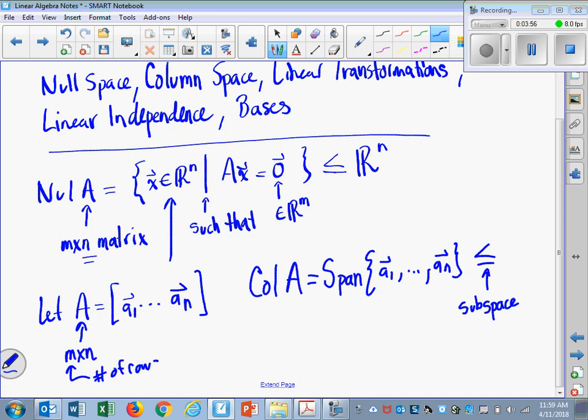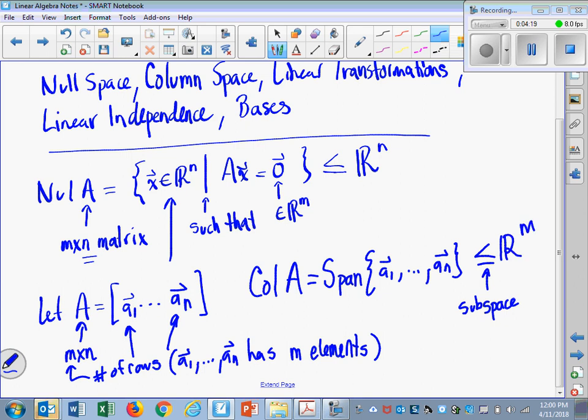That means that each one of A1 through AN has m elements. Okay, so if each one of them has m elements, then each one of these vectors is from Rm.